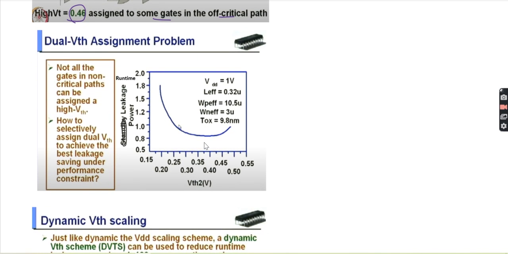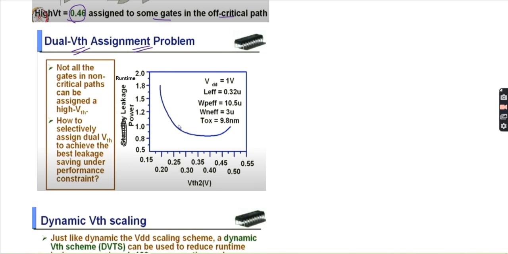Next is the dual VT assignment problem. Dual VT means dual threshold voltage. When you are assigning, what is the problem we will face? Here the x-axis is the threshold voltage and the y-axis is the runtime leakage power.